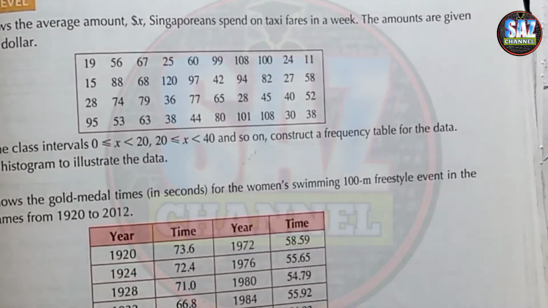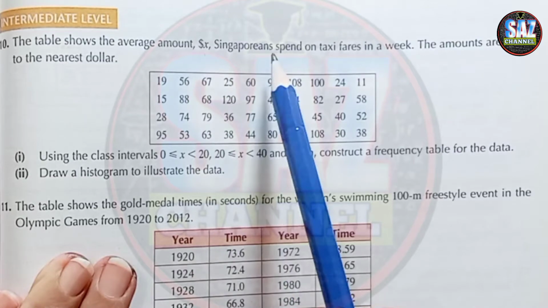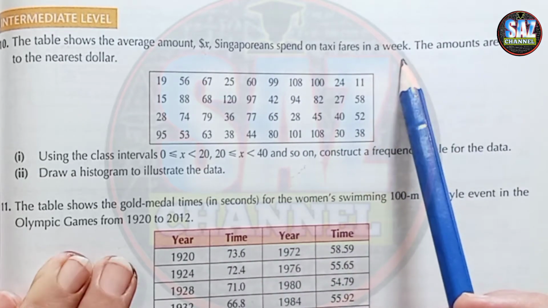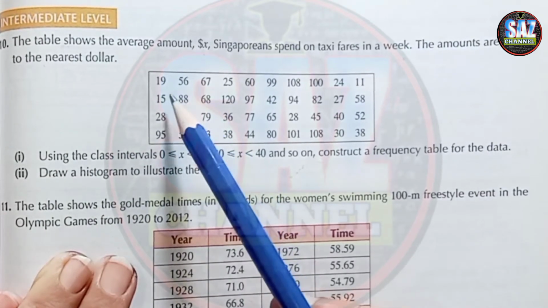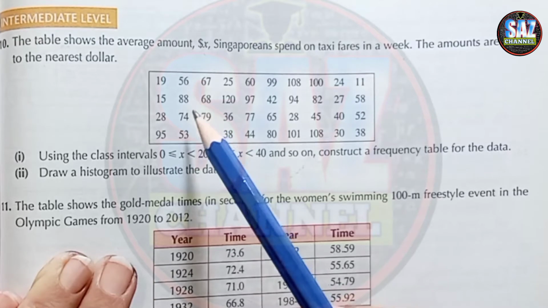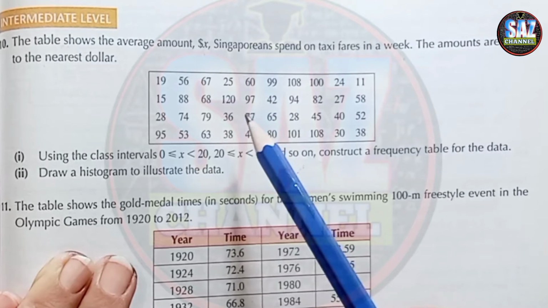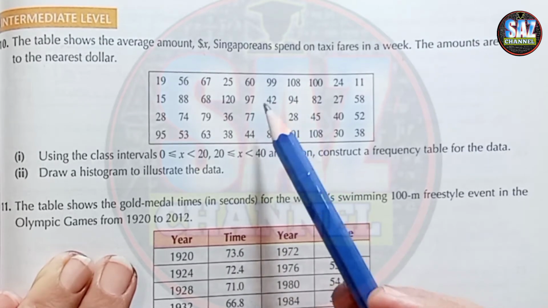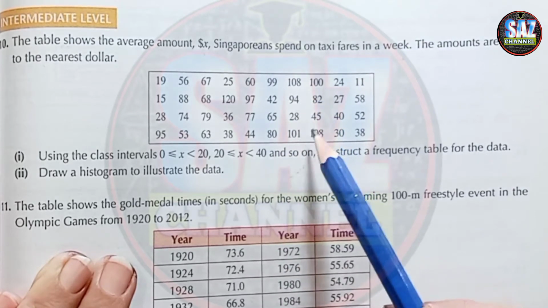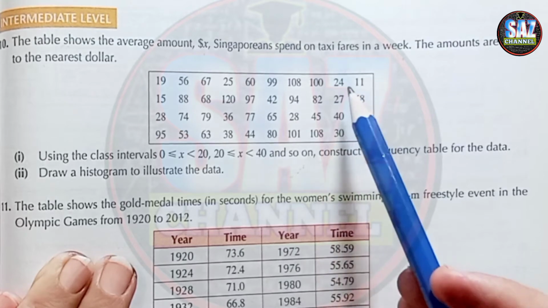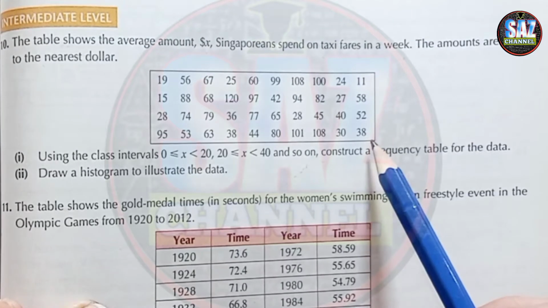Question 10 says that the table shows the average amount $X Singaporeans spend on taxi fares in a week. The amounts are given to the nearest dollar, and the amounts are 19, 15, 28, 95, 56, 88, 74, 53, 67, 68, 79, 63, 25, 121, 36, 38, 60, 97, 77, 44, 99, 42, 65, 80, 108, 94, 28, 11, 100, 82, 45, 108, 24, 27, 40, 35, 11, 58, 52 and 38.